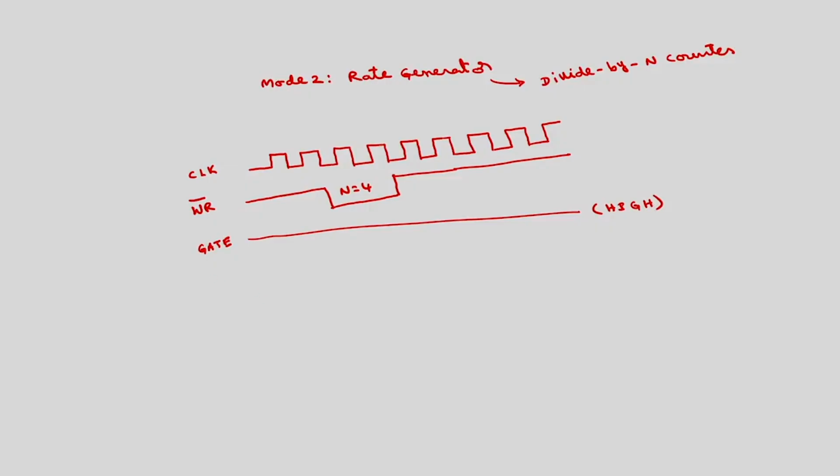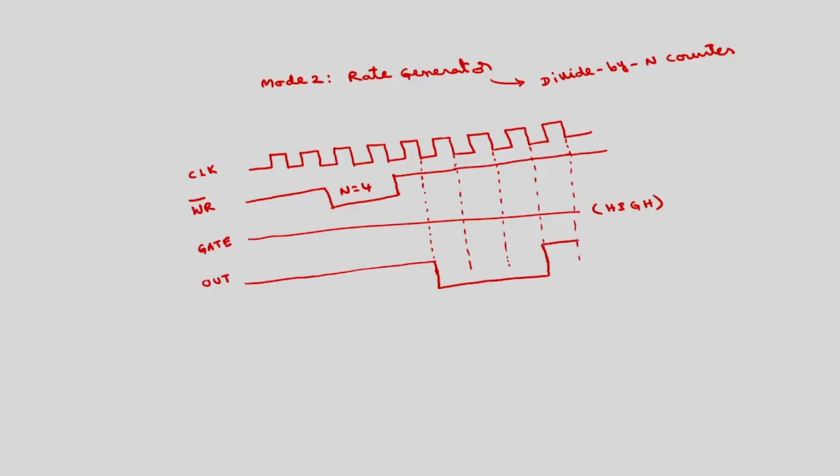And the out signal will be initially high, so after this write bar goes from 0 to 1, from the next immediate negative edge onwards, it was initially high, then it will go low for n minus 1 clock signals, and again go high for 1 clock signal.